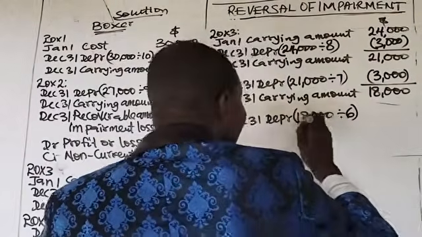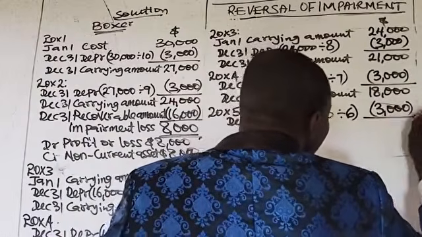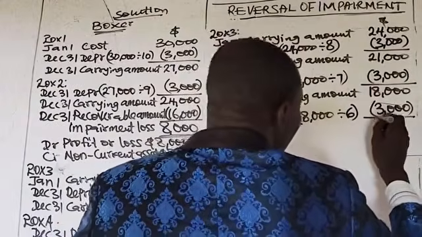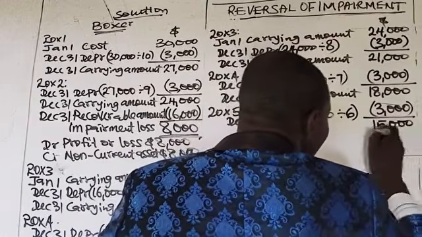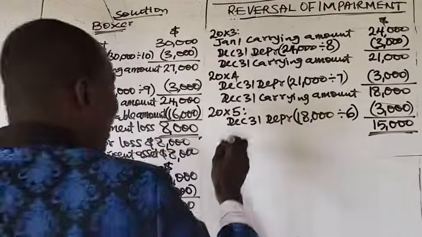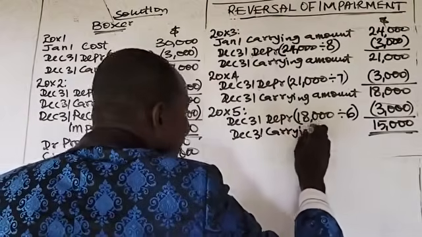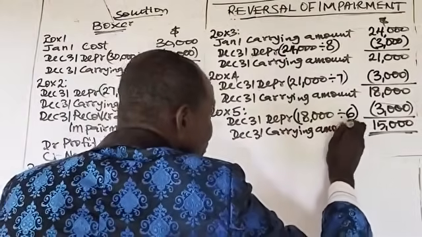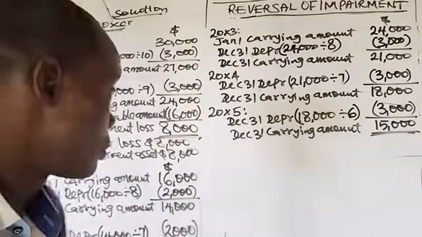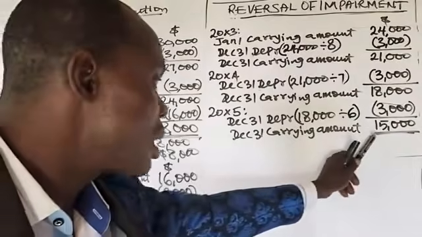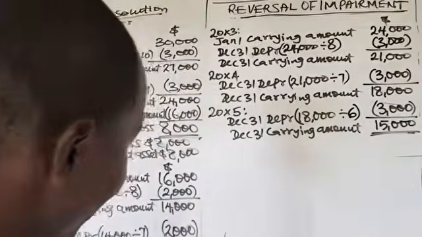So 18,000 divided by 6 gives us 3,000. If you subtract 3,000 from 18,000, you will have 15,000. This 15,000 is the carrying amount as at December 31st, 20x5, based on the depreciated historical cost.